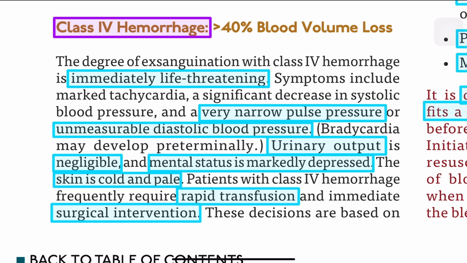You will see very narrow pulse pressure or unmeasurable diastolic BP. Urinary output is nil, mental status is markedly depressed, skin is cold and pale, and rapid blood transfusion and surgical intervention are needed.